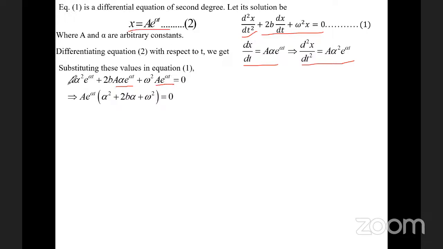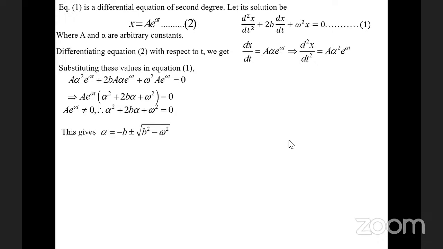Everywhere a e power alpha t is a common factor, so by taking it common, alpha square plus 2b alpha plus omega square. Next, a e power alpha t is not equal to 0, but alpha square plus 2b alpha plus omega square equals 0.